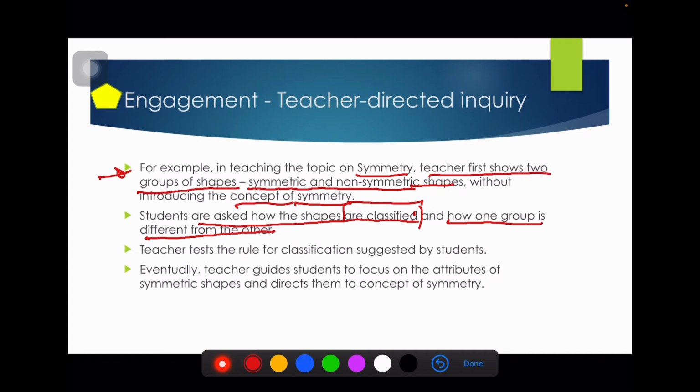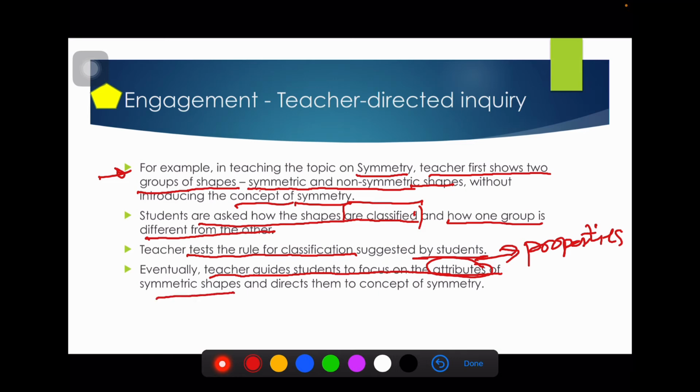Okay, and why is the regular looking shape in the regular looking box? Then the teacher tests the rule for classification suggested by the students. Eventually, the teacher guides students to focus on the attributes, which will be the properties of symmetric shapes, and directs them to the concept of symmetry.